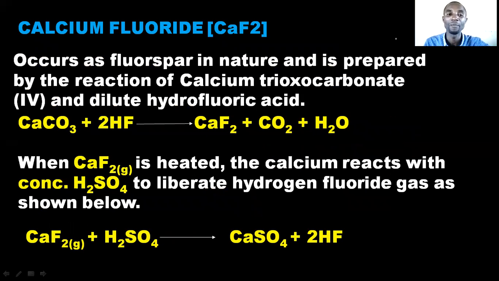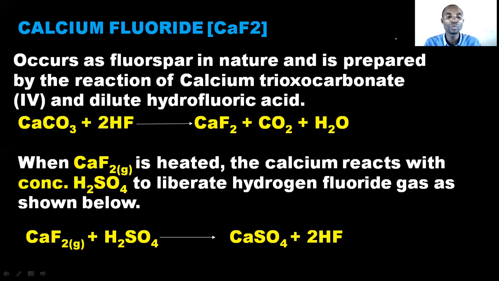Calcium fluoride, CaF2, occurs as fluorspar in nature and is prepared by the action of calcium carbonate and dilute hydrofluoric acid, that is, hydrogen fluoride.